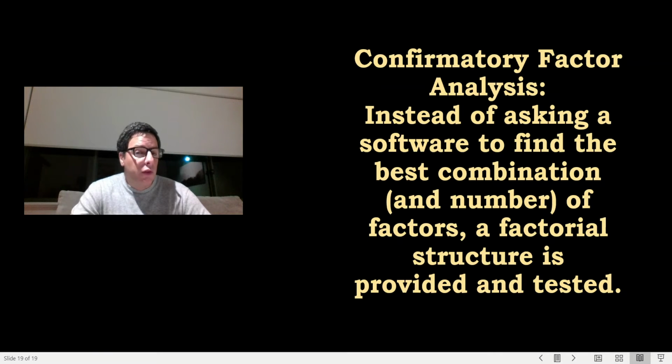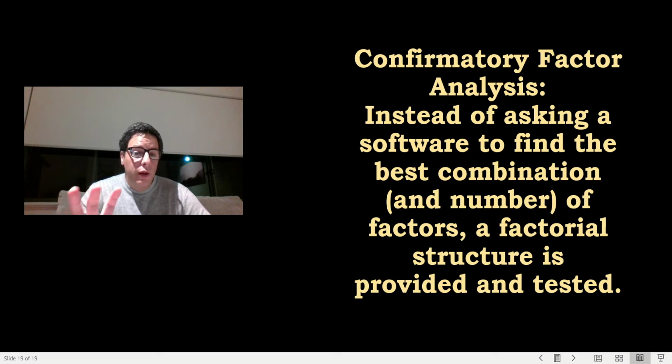And typically that theory comes from, for example, in psychology, where we use scales and inventories that claim to have a factorial structure, that some items correspond to some factor, other items correspond to another factor.